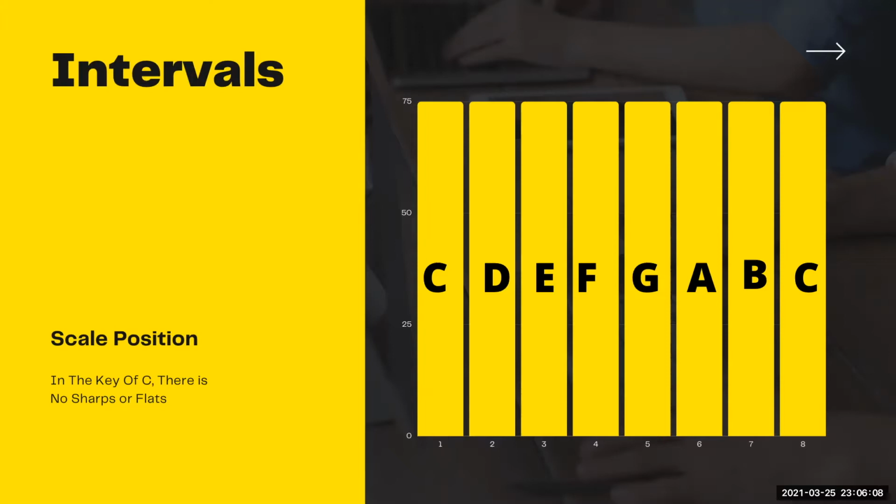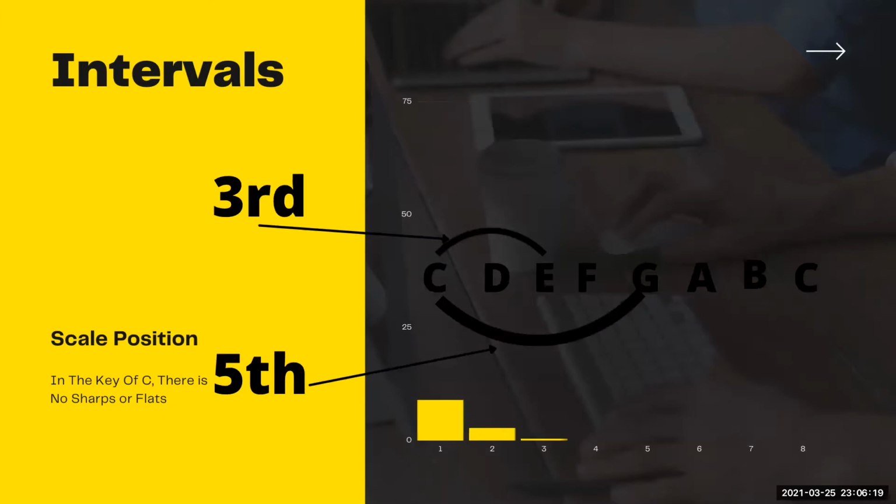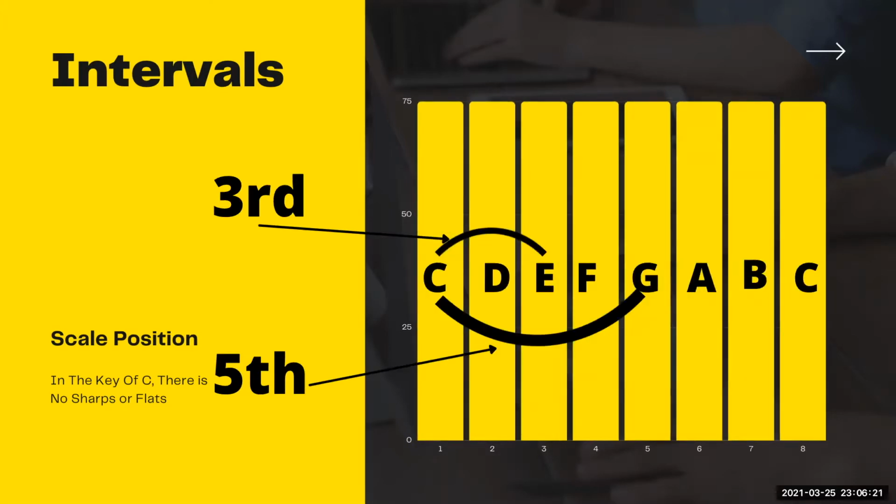No biggie, but it is scale position. So we have root, scale position 1, is C, and scale position 3 is E.